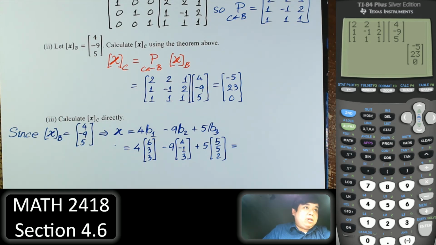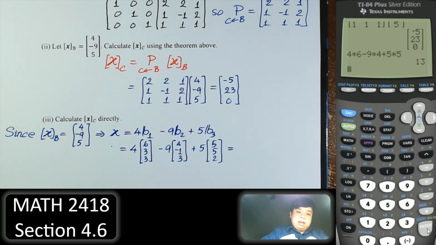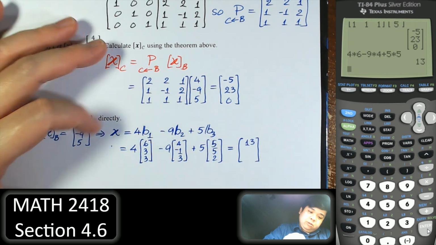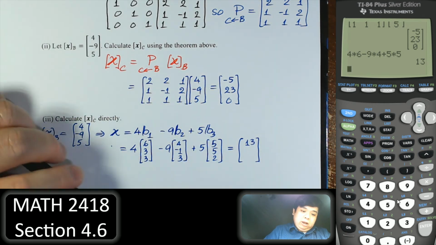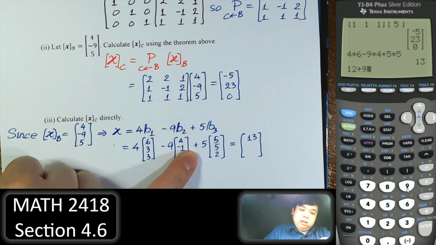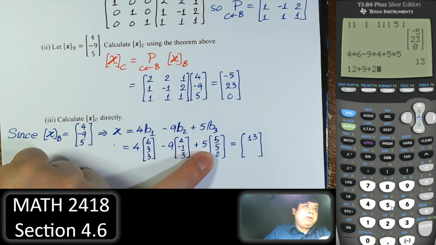Just going to type the first one, 4 times 6 minus 9 times 4 plus 5 times 5. That's 13. And then 12 plus 9 plus 25.